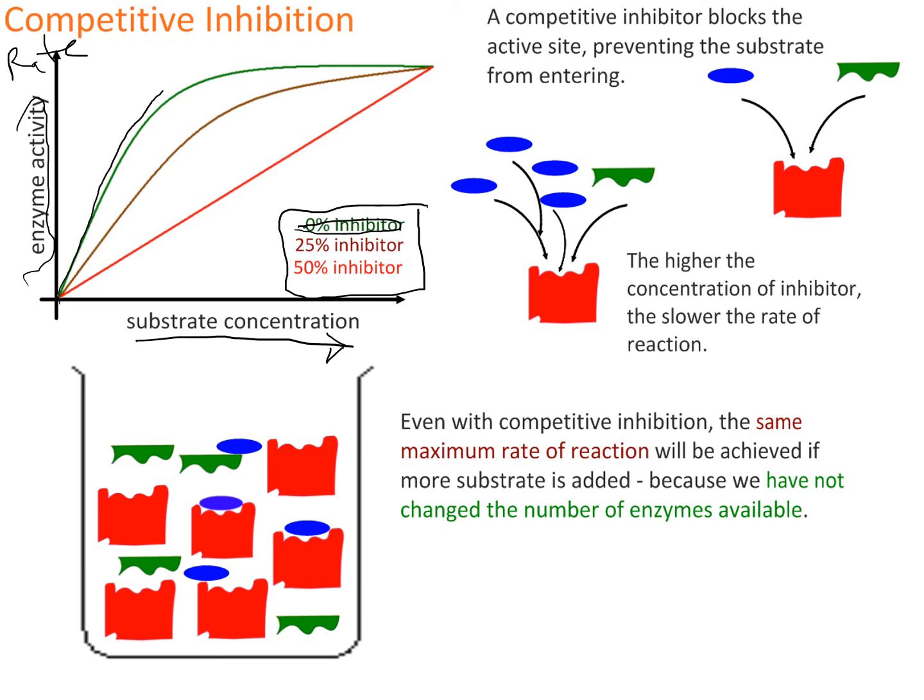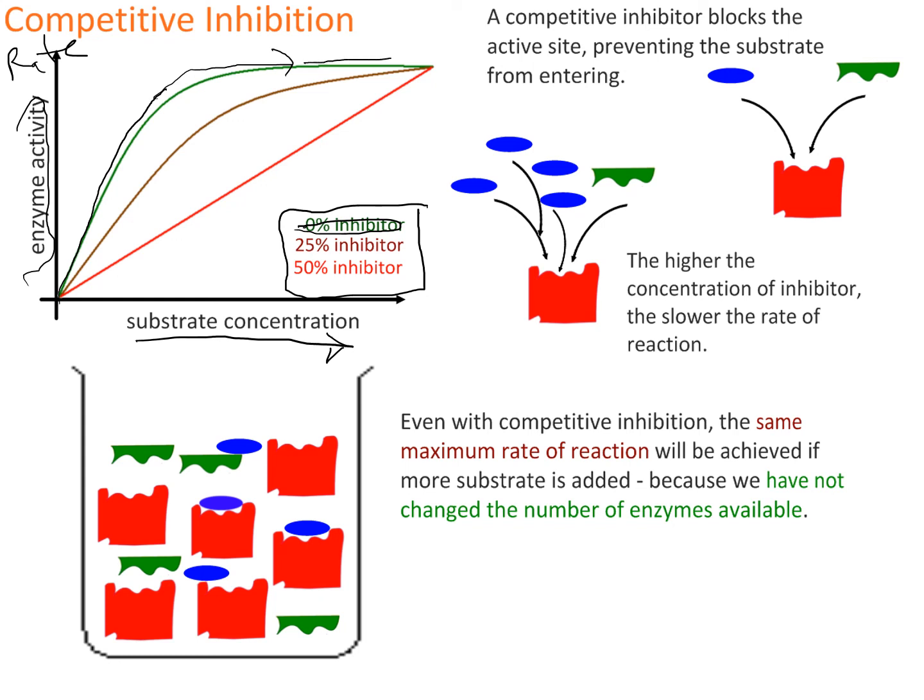Here we go. Substrate concentration is increasing, rate is increasing, till we reach our maximum rate, at which point all active sites are continuously full, working at maximum capacity. No further addition of substrates has an effect.